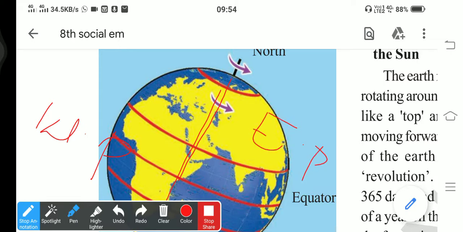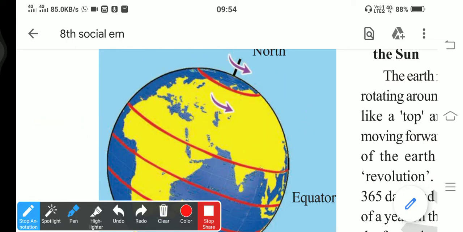So when the earth rotates from west to east, the western portion of the earth comes to the east side. The eastern portion of the earth comes to the west side. So in this way, we see that the sun, the moon, and the stars appear to rise in the east and set in the west.